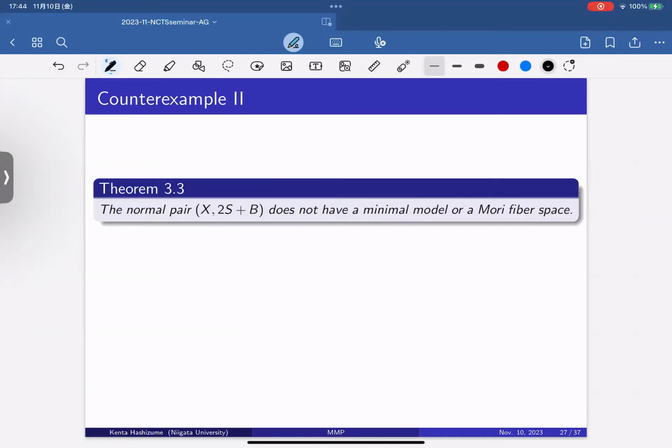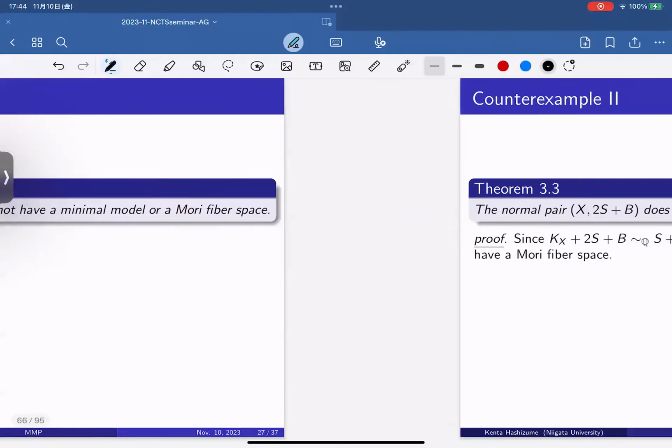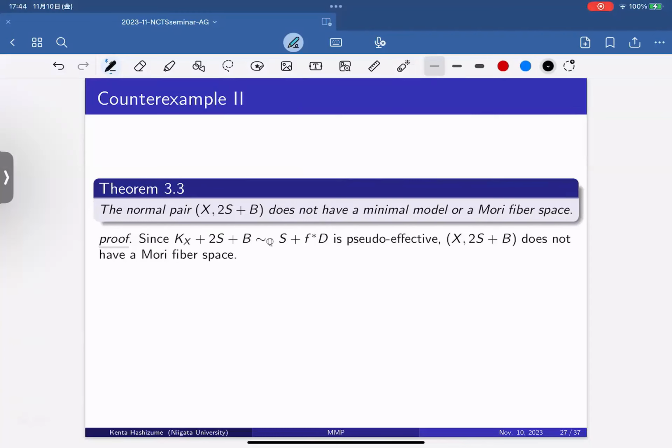Okay, the counterexample to the second statement is also this pair. Yeah, the following is the proof.